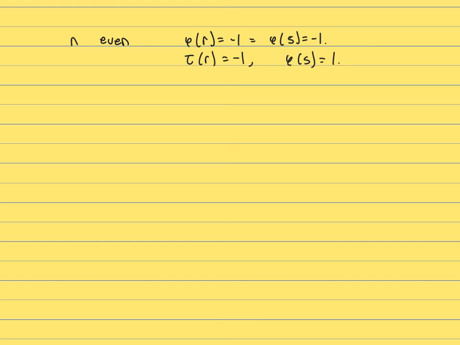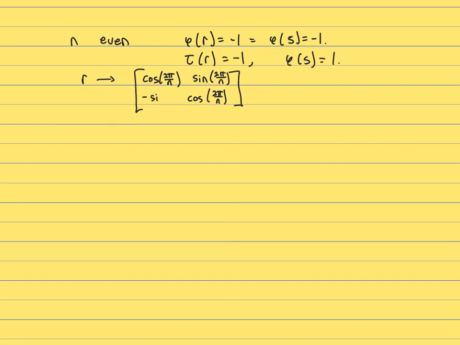Let's look at two-dimensional representations. We already discussed the representation where you send r to this matrix, cosine of 2 pi over n down the diagonals, and the sine of 2 pi over n.